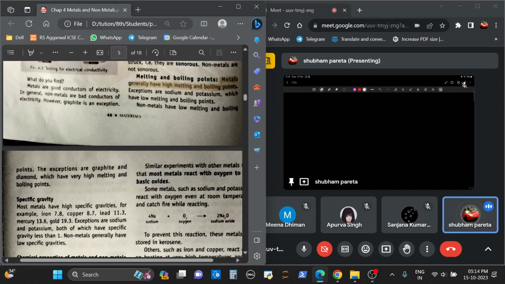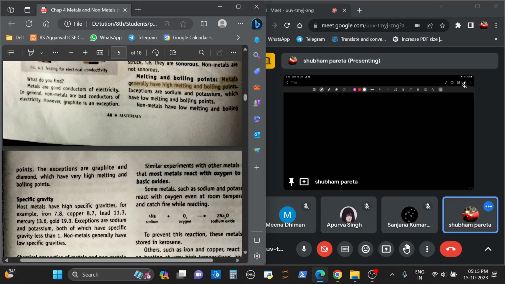That's why we have a very high melting point. Only some exceptions exist, sodium and potassium, which have very low melting and boiling points. They can easily melt on the surface of the earth.